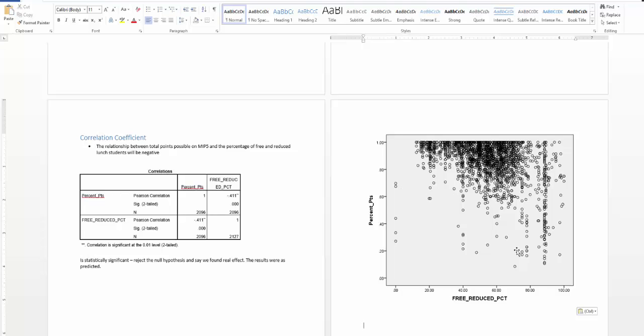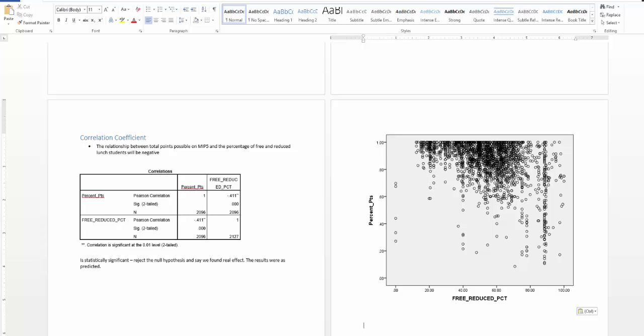And looking at this data, we find that some schools that have a very high free and reduced lunch percentage actually score quite high. There's a lot of variability here. And we note that there's not much variability when you have a free and reduced lunch percentage of less than 20%. There's not much difference.